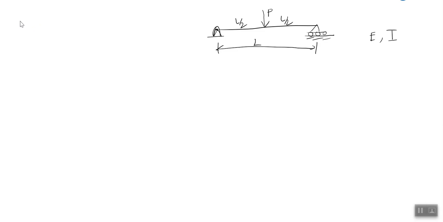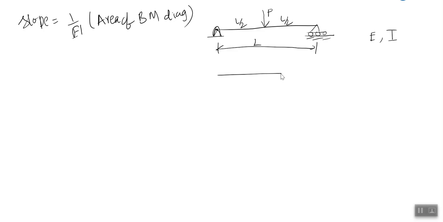First, let us try to find out the slope. Slope is equal to 1 by EI times the area of the bending moment diagram. Now let us draw the bending moment diagram for this. Before that, let us draw the free body diagram for this beam.